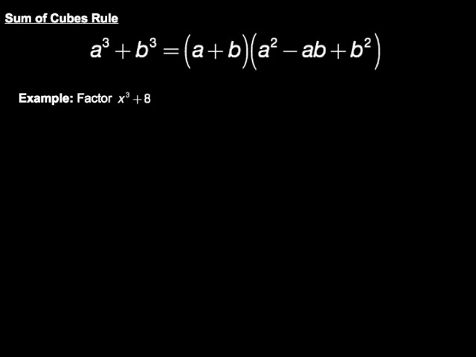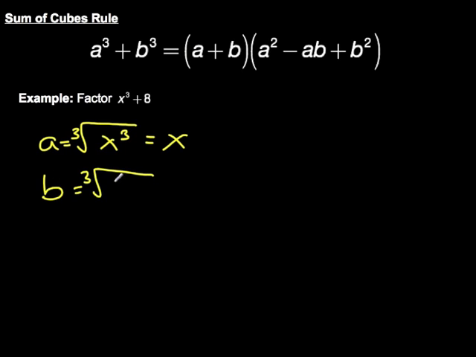Now we've got the sum of cubes rule. We need two perfect cubes. If they're added together, we use this factored rule. We'll figure out what a and b are, and we can just plug them in. So a would be the cube root of x cubed, which is x, and b is the cube root of 8, which is 2.